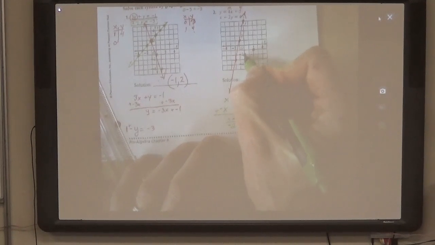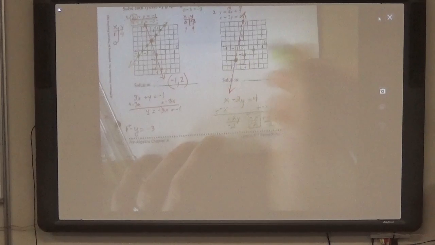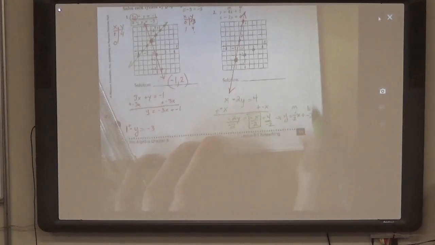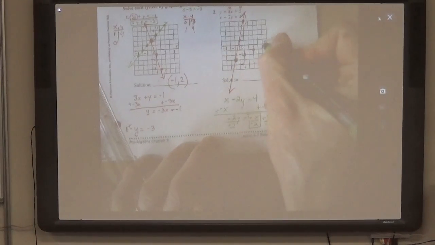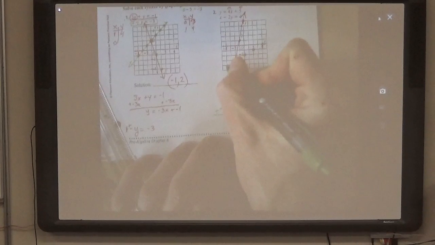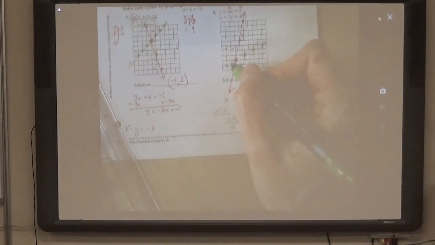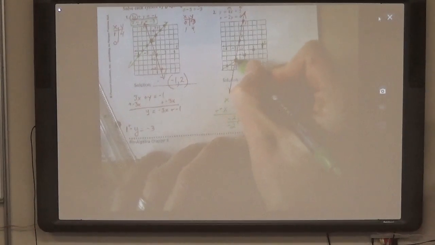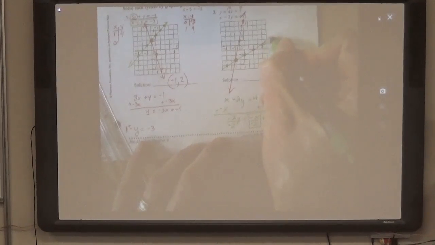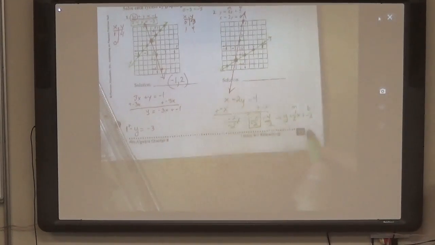Or we could go down 1 and left 2. And that's on the same line. That shows where they cross. Down and left is the same as up and right. Okay?